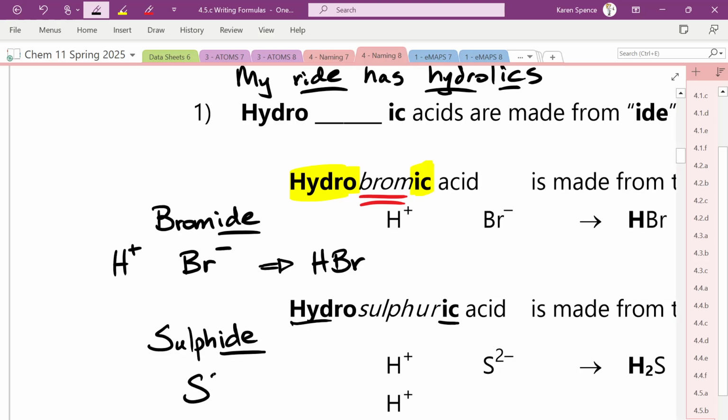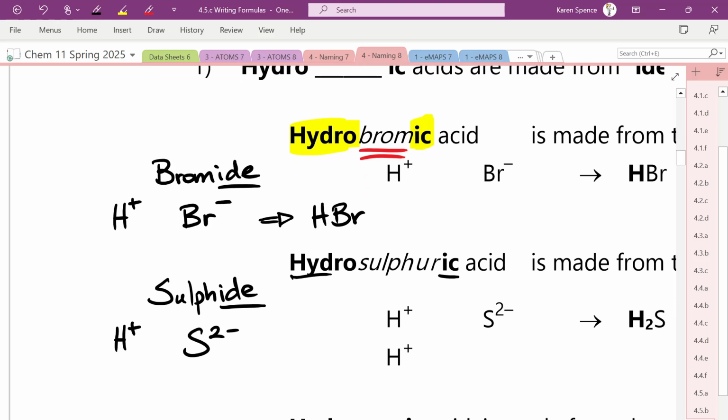So I have S2- which goes with my H+. That means I need 2 hydrogens to balance out the 2 minus. So our formula is going to be H2S. Is that good?